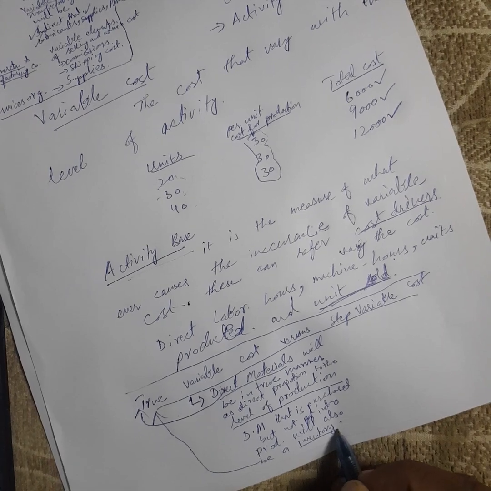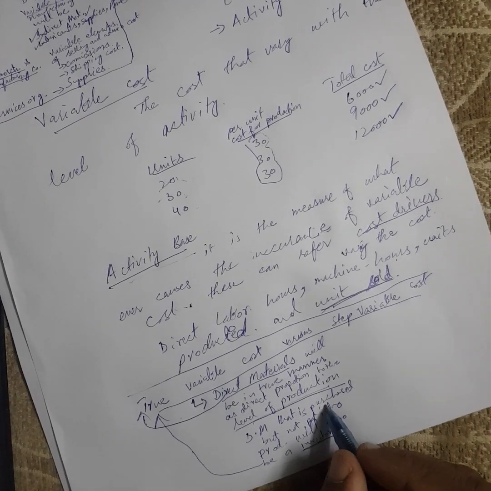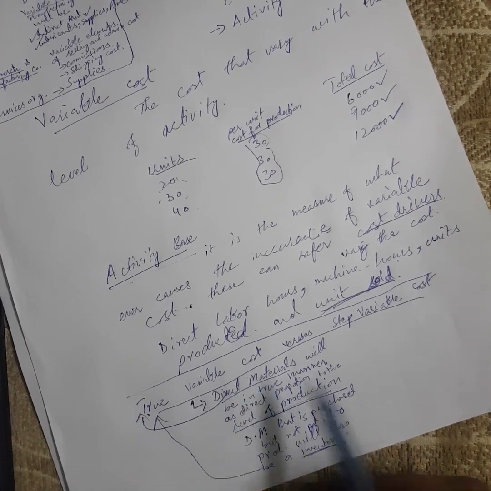The inventory that is utilized in the level of production, or the inventory that is not utilized but purchased, will be part of true variable cost.